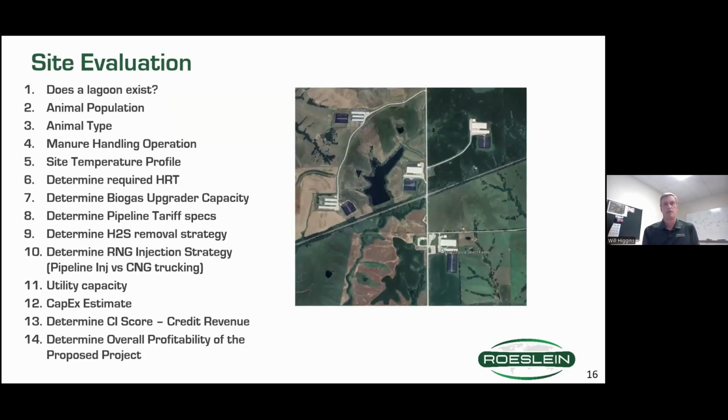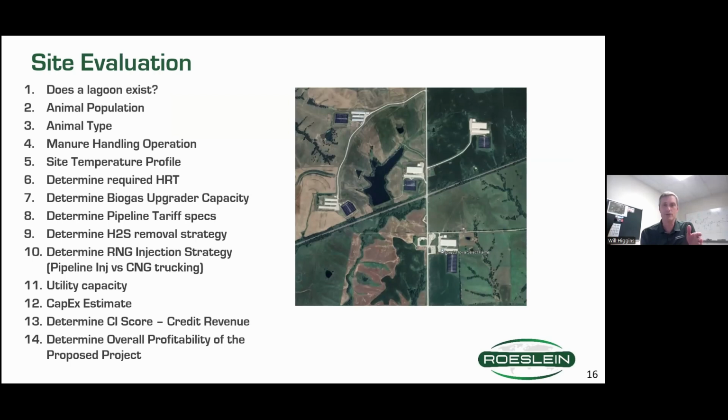So, just moving on and trying to summarize how we approach projects. One of our first questions is, does a lagoon exist? And this really goes to the credit generation and being able to be a participant in the California LCFS program.